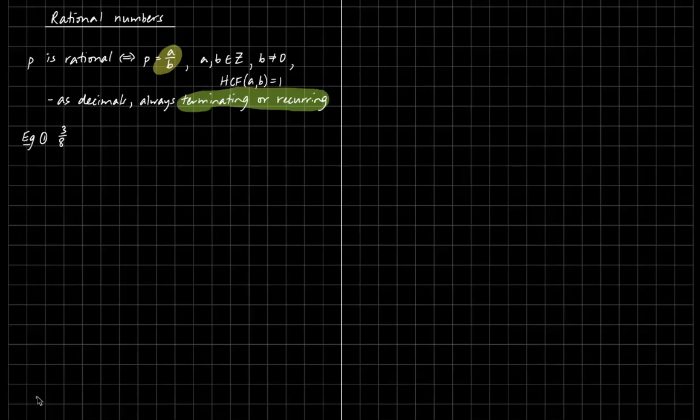We'll assume we're working tech free, so we don't have our calculator. We want to show that 3/8 can be written as a terminating or recurring decimal. To do that, we're dividing 3 by 8.